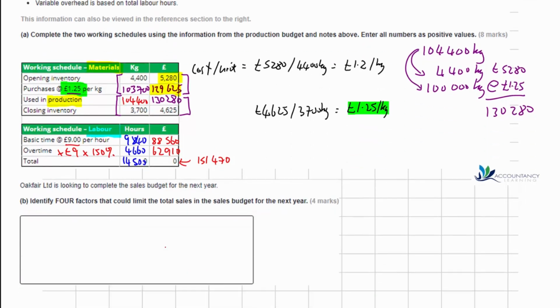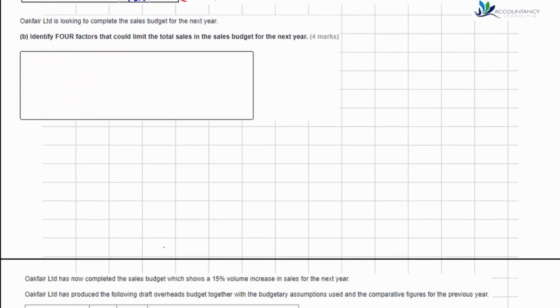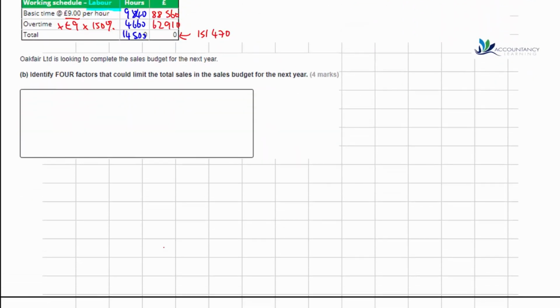So let's move on to part B of task 2. Oakfair Limited is looking to complete the sales budget for the next year, and we need to identify 4 factors that could limit the total sales in the sales budget for the next year. So what would cause sales not to just grow and grow and grow?